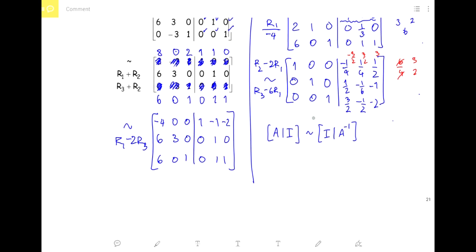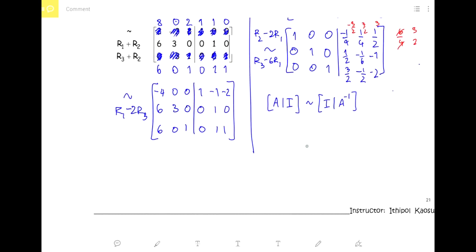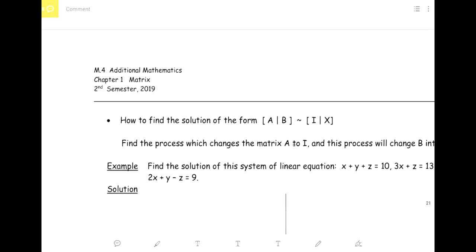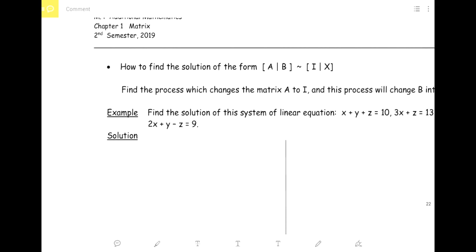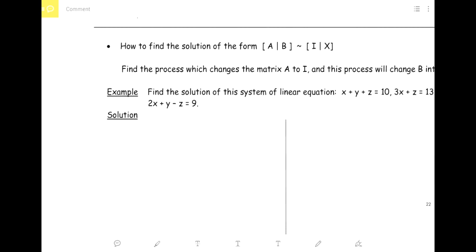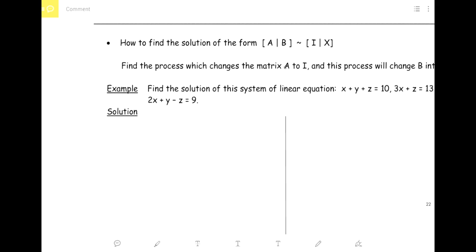We're gonna see the other application of the row operations. Okay, let's see. What's the next one, right? Aha! Yeah, we can solve a system of equations using row operations. You know what is AX = B, right?